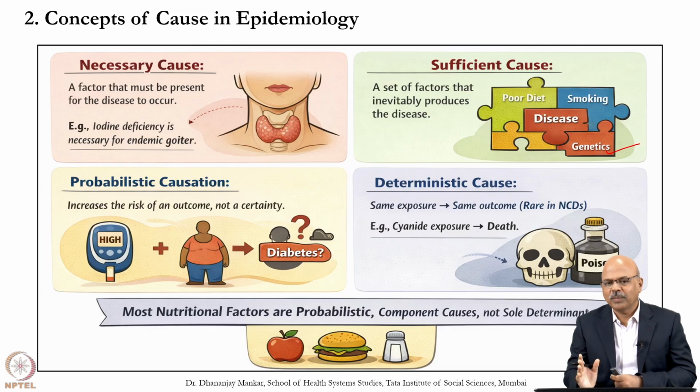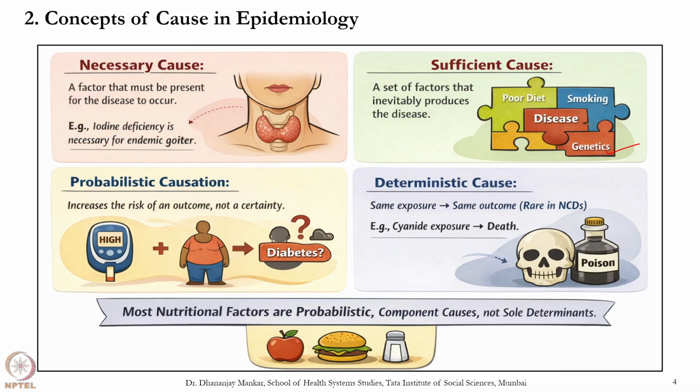The third type may be deterministic causation, like cyanide exposure leading to death, or taking high salt leading to hypertension. In deterministic causation, the same exposure gives the same outcome. This is rare in NCDs, you may not see it in NCDs. Most nutritional factors are probabilistic in nature.